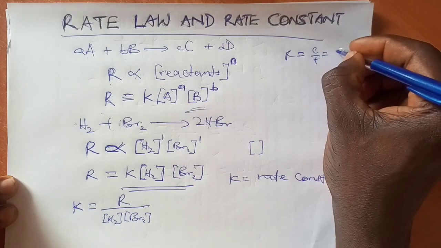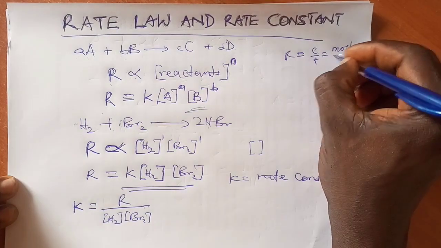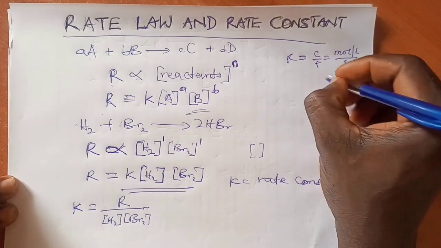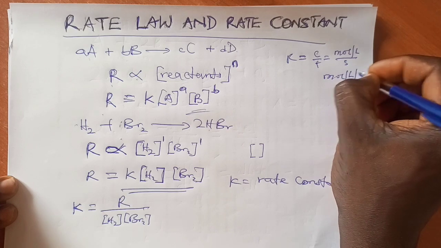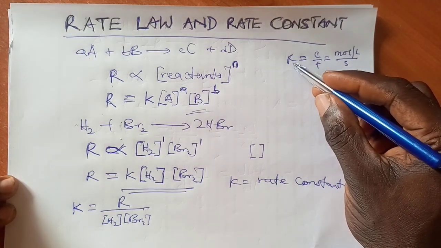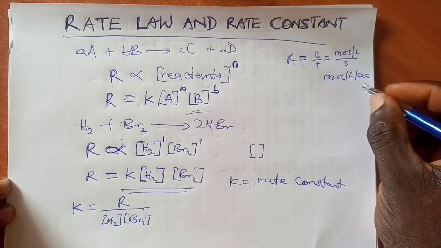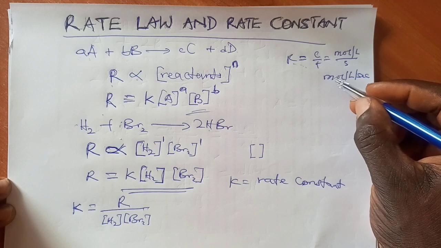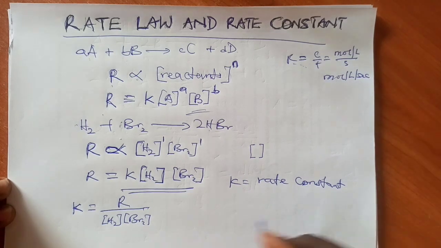If your concentration is in mole per liter, for example, then over time, which is second, you'll have mole per liter per second, okay. That will be the unit for the rate of reaction. It may not just be mole, it can be gram per liter per second, as the case may be, but here I'm working with mole.